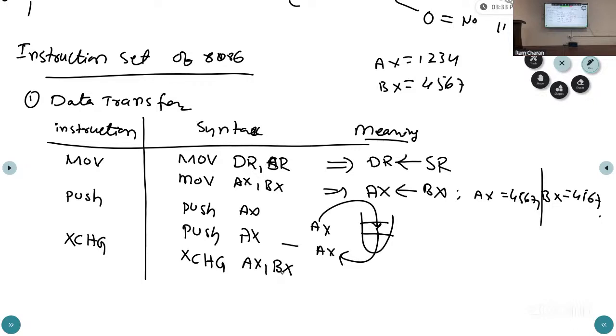In the move operation, only the destination register changes its content. But in the exchange operation, both change. If initially AX is 1234 and BX is 4567, what happens? After executing the exchange instruction, AX is 4567 and BX is 1234. Right? That is the exchange operation.